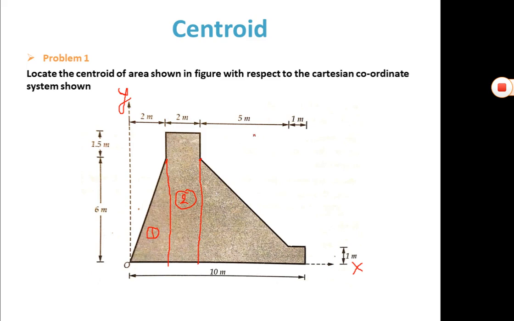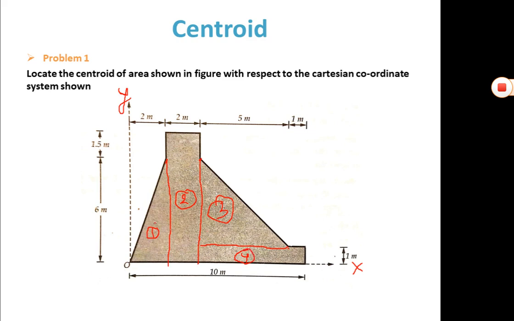Now if I extrapolate this edge here and join this to the edge of this rectangle, I get geometrical component 3. And similarly the left one is this one, this geometrical component I call 4.